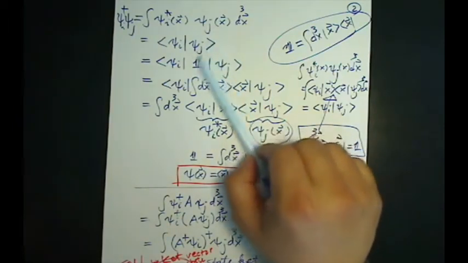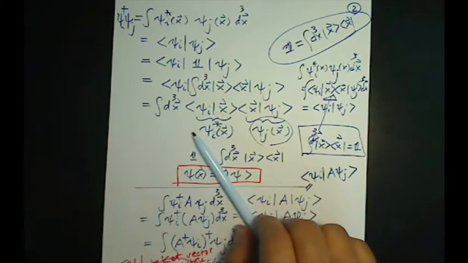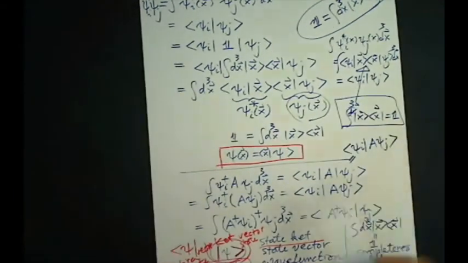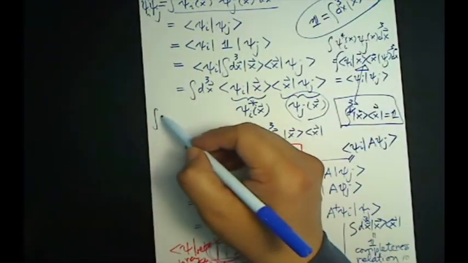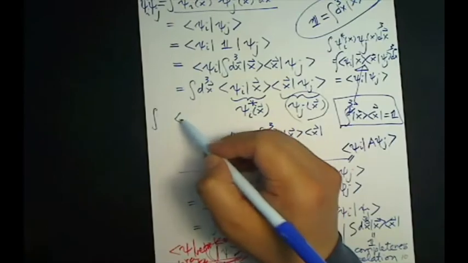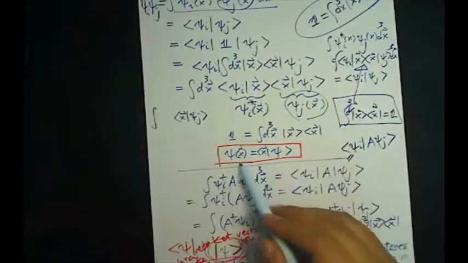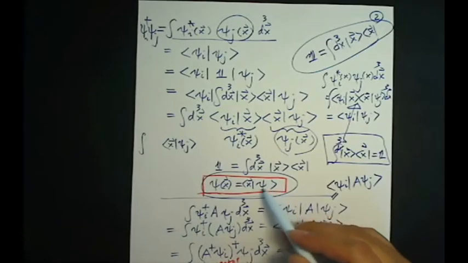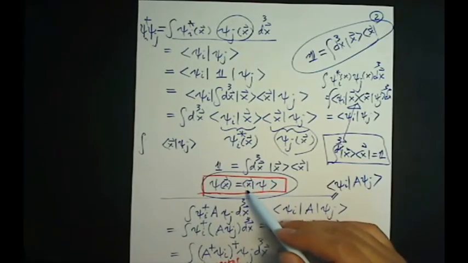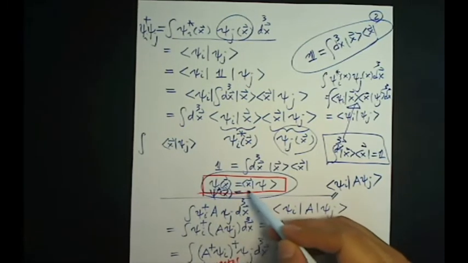Let us substitute the identity operator. Before we do that, by definition, we define the wave function as the projection of a state ket onto the x space, and psi star x is its complex conjugate.